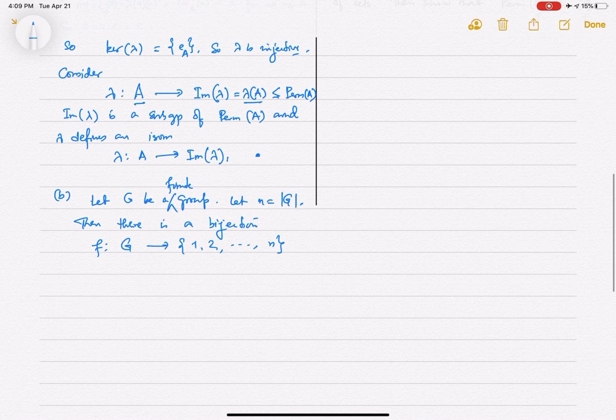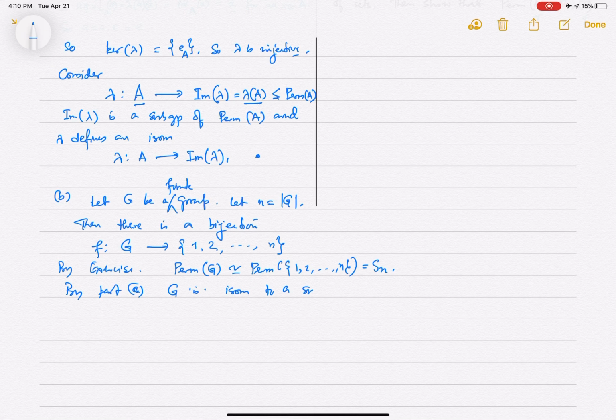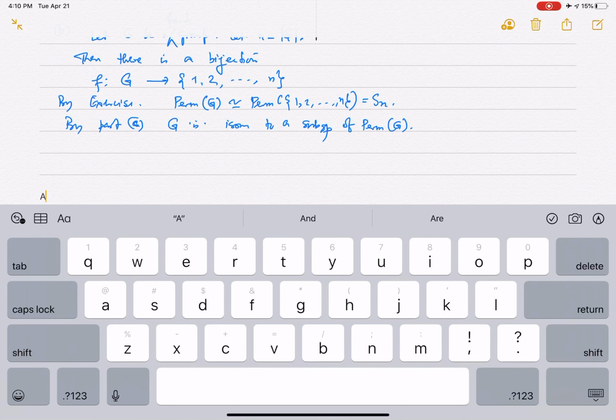But then by the exercise on the right, perm of G is isomorphic to perm of 1, 2, up to n, which is what we call S_n. And by part A, G is isomorphic to a subgroup of perm G, and perm G is now isomorphic to S_n.